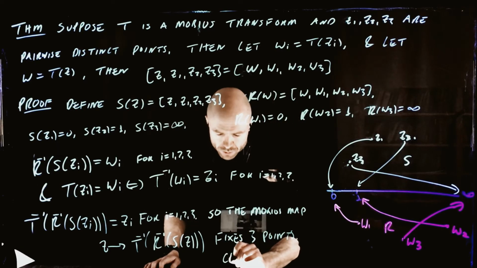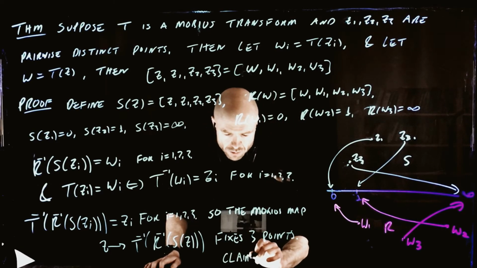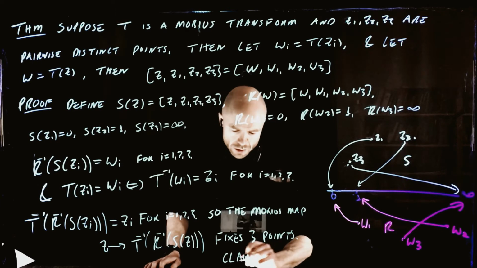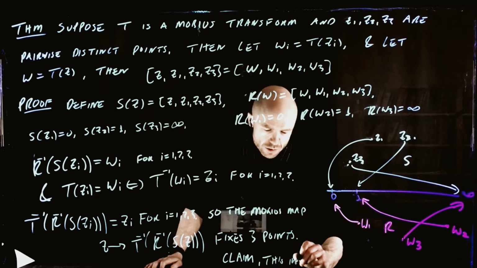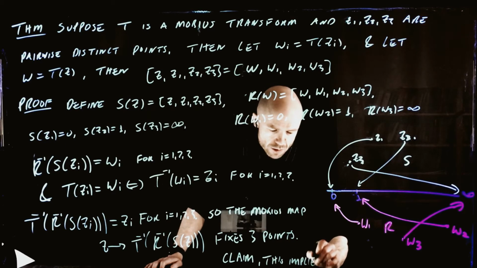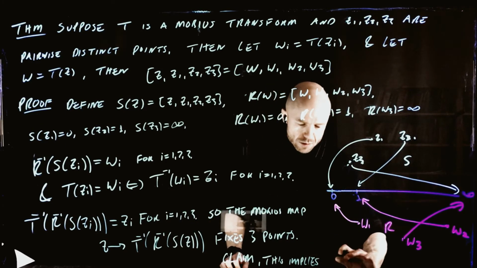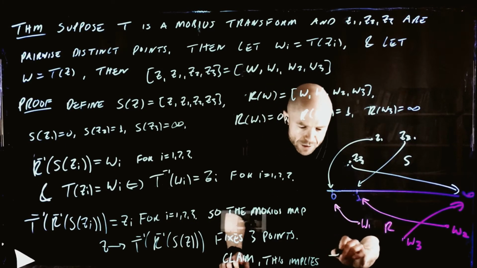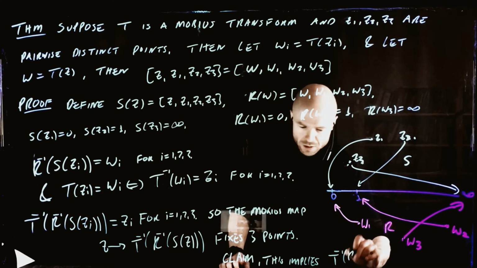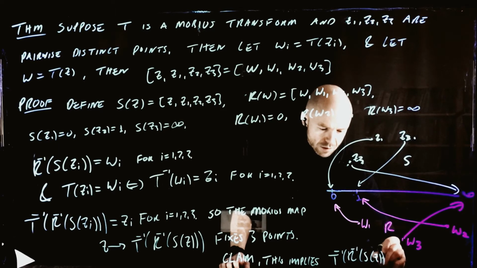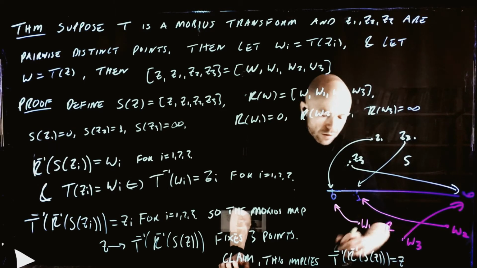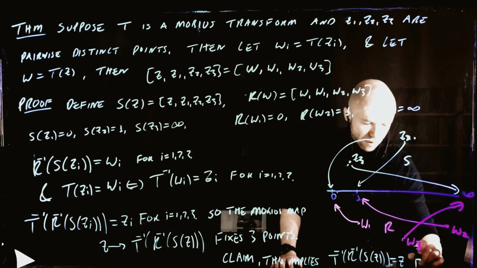Claim: this implies it's just the identity map. T to the minus 1 of R to the minus 1 of S is just equal to z for all z.